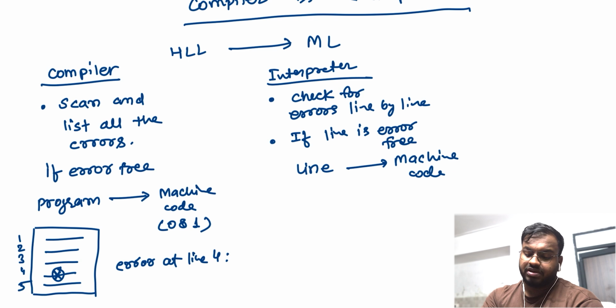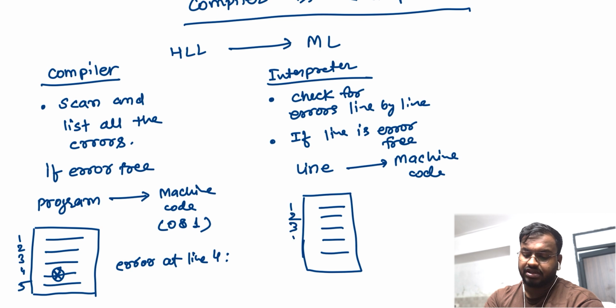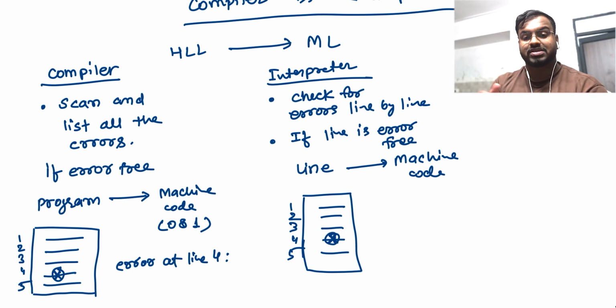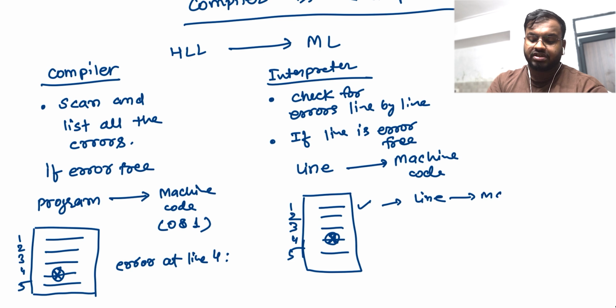But in case of an interpreter, let's suppose this is your program. These are lines of code 1, 2, 3, 4, and 5. And let's suppose you have an error at line number 4. So how will the interpreter convert this program into machine code? This is interesting. Line number 1 is correct, so convert this line to machine code. Line number 2 is correct, convert this line to machine code.